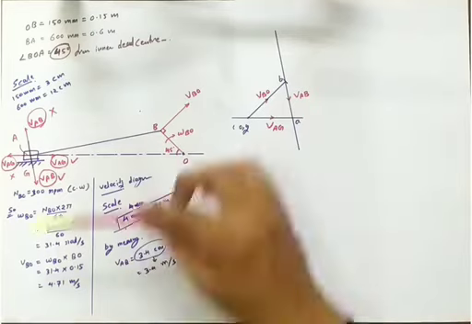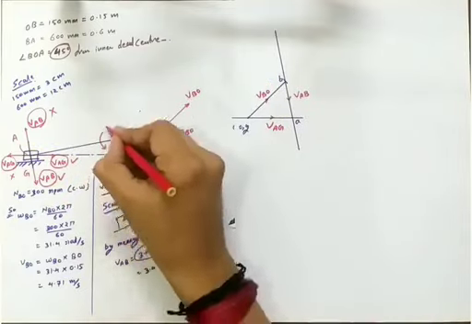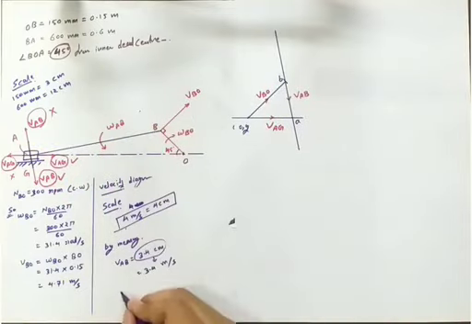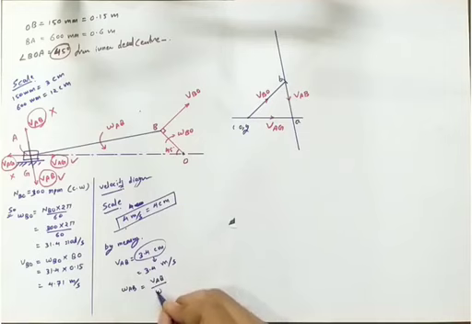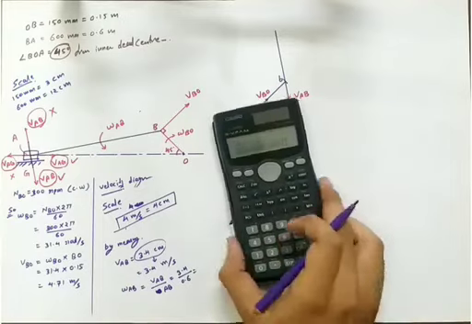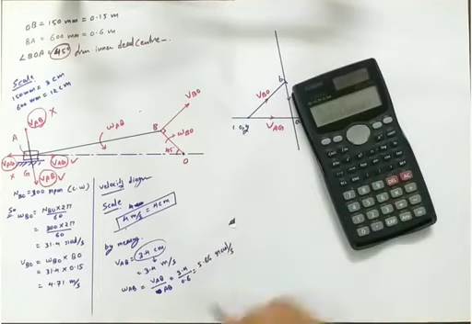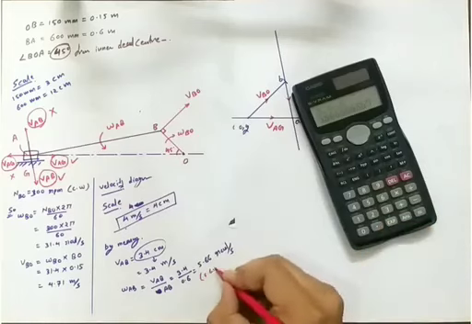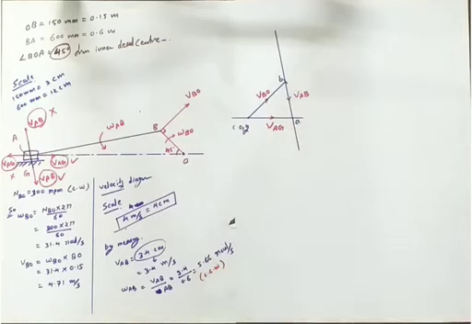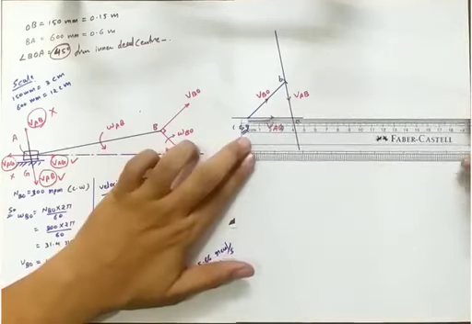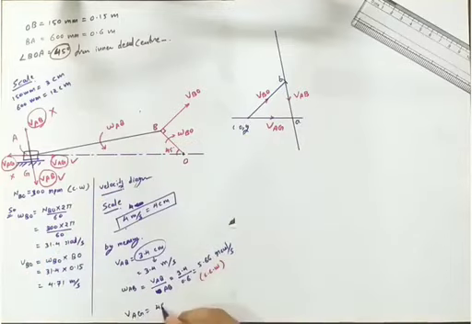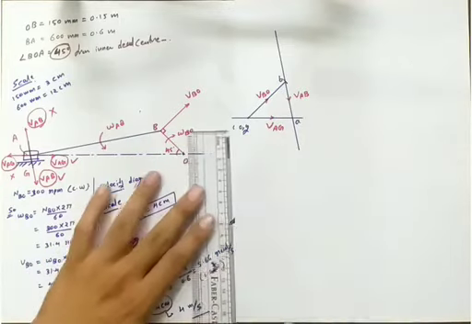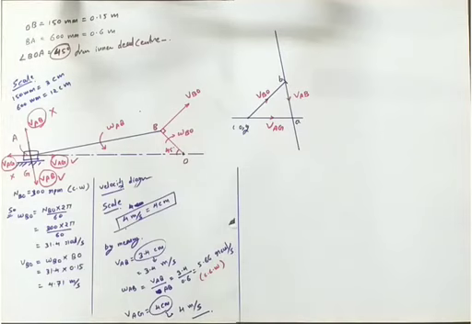Also, according to the prediction, we got the right prediction, and the omega AB is velocity per length, and that is 5.66 radian per second in counterclockwise direction. Next, that is VAG. By measuring, this is equal to 4 centimeter, so simply this is 4 meter per second. So we got all the values of the velocities of the links.